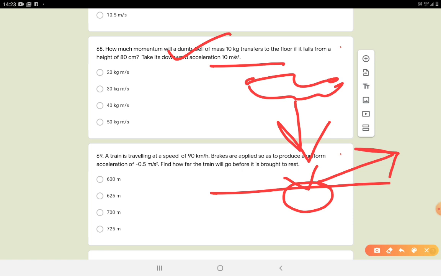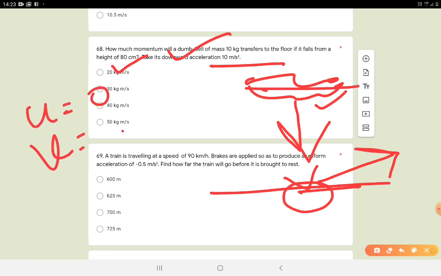Now let's check. In this question we have been given the mass, but we don't know the velocity with which it strikes the ground. So at first we will find that velocity, and we can easily find it. How? As we know, if a body is moving from a height, its initial velocity is 0.